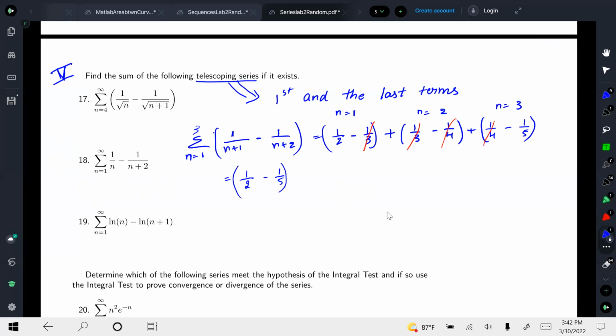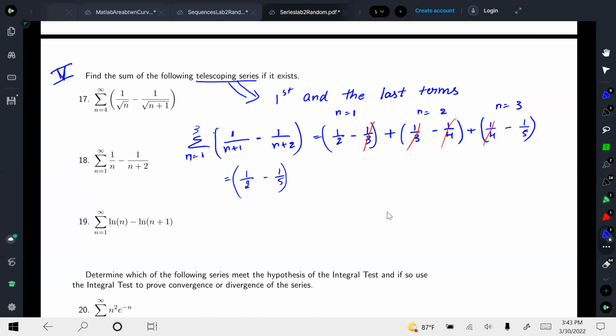Okay. Now, in type 5, they are not asking you to prove whether this is a telescoping series or not, because all the problems from 17 to 19 belong to telescoping series. They have already told you that it is a telescoping series.